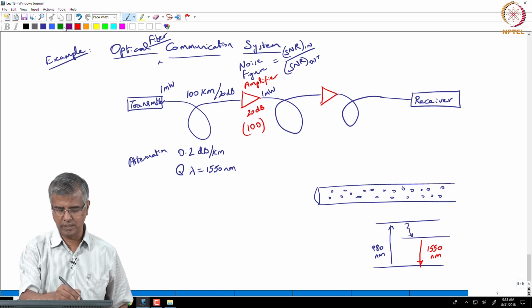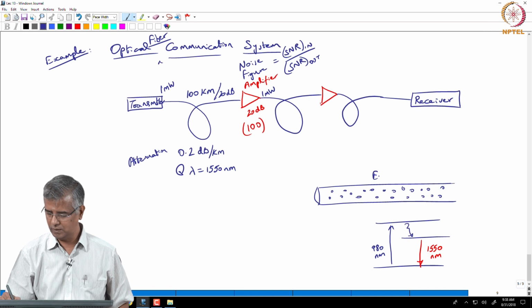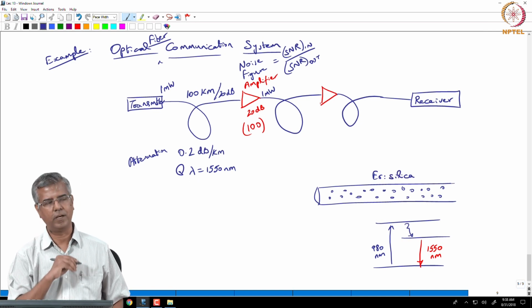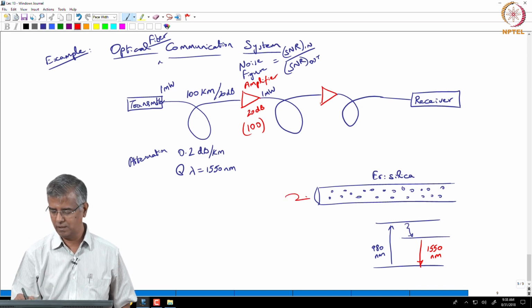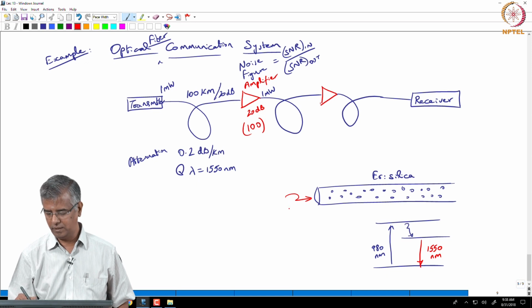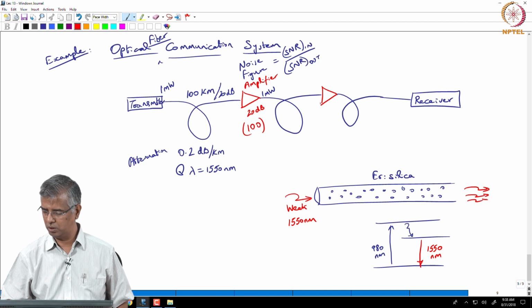So this is basically an erbium doped silica optical fiber, and then he found that if you couple a weak radiation at 1550 nanometer, you can go out with strong radiation, or many more photons.